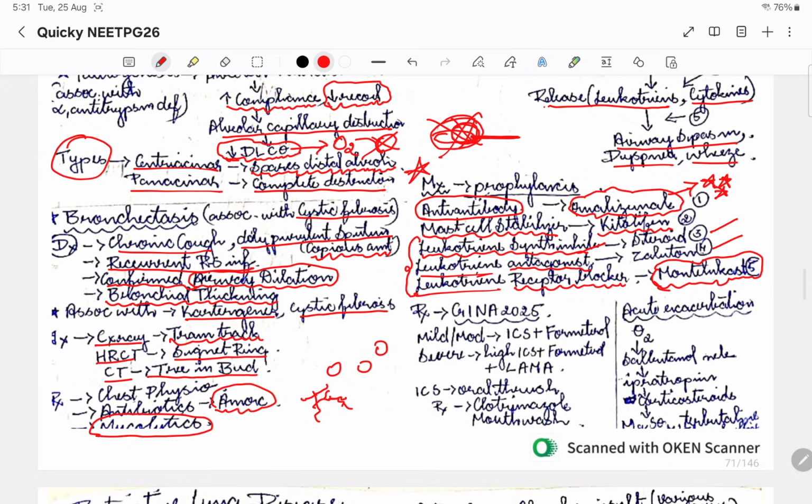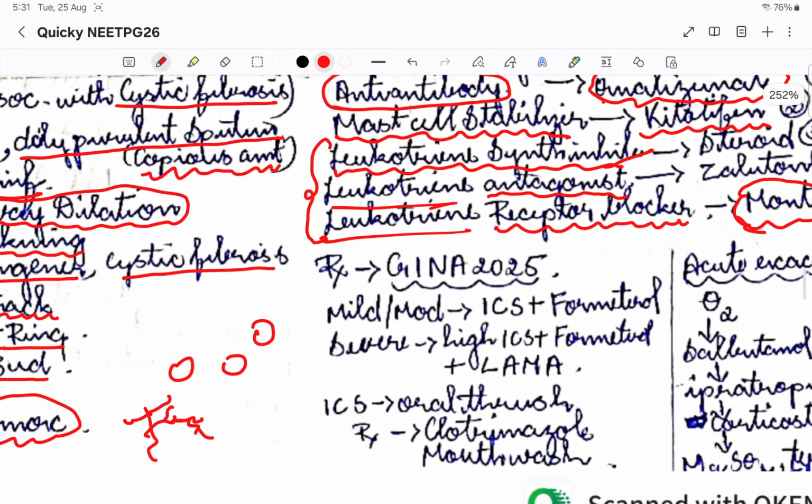Now coming to definite management, there is a GINA update. In 2025, please remember, this is the mainstay of treatment. All the other treatment we were doing till date is gone. If an asthma patient comes to your clinic or hospital, this is what you do.